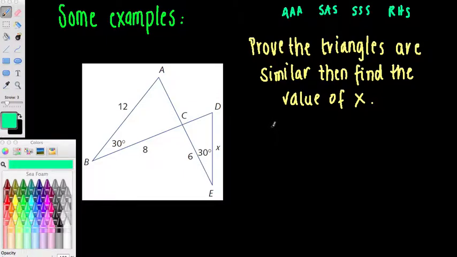So what I'm going to have to do is examine possibly, can I get the AAA test? Well, I've obviously got this one here, the 30 degrees. And you're probably looking at this and going, well, I don't have any other angles. But I actually do. This one here and this one here.